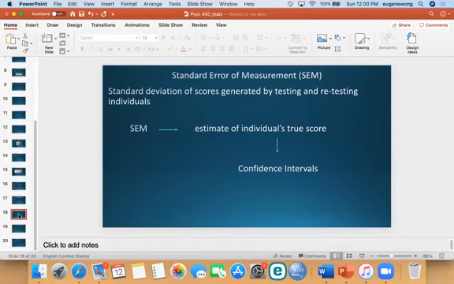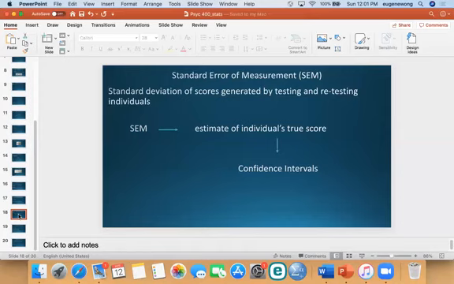The reality is there is no test that has a standard error of measurement that is 0, which is of course what we would want. So given that every test has some amount of error, we just want it to be as small as possible. But given that every test has some amount of error, what we have to do is to create these things called confidence intervals.